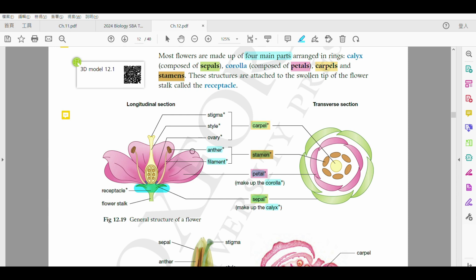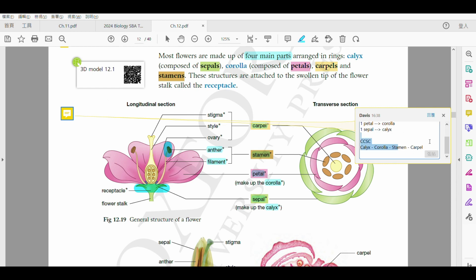Anther is simpler. As you can guess, what can you find here? Well, you can find the pollen grains here. You can write it down first. Where I highlight the anther, you can find pollen grains. And then what about the filament? If I ask you for a function, what do you think the filament is for?